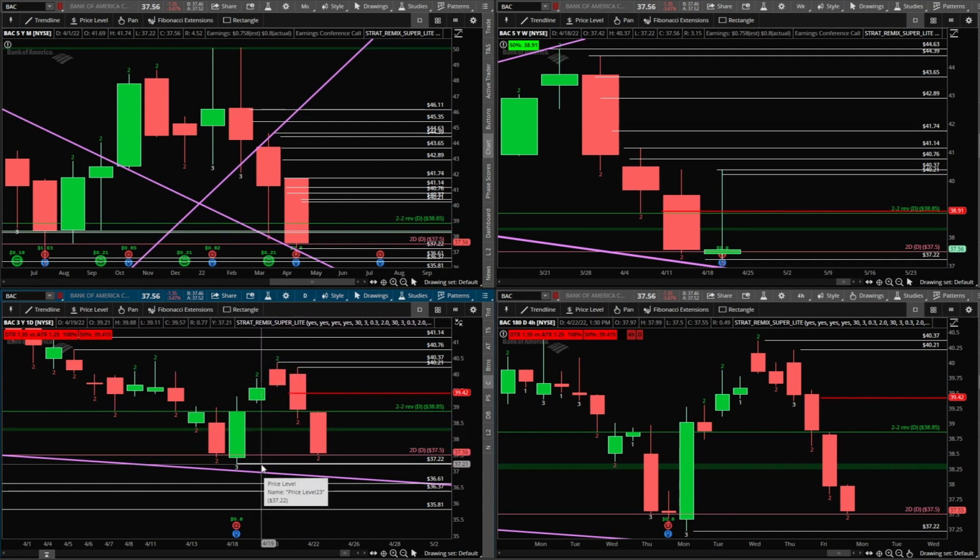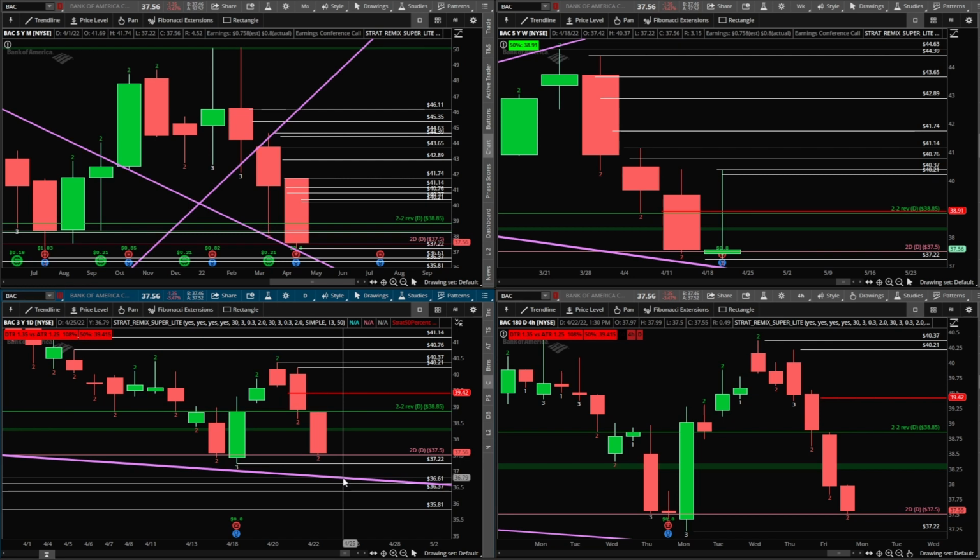We're looking at the first price target really shallow, 37.22, coming to the bottom of this broadening formation. So banks are interesting to me, right? Things are kind of going bad in the economy. The stock market's basically reversing all of its nice gains that it's had over the last 2 years or so since COVID started. And I always wonder what banks are going to do because interest rates are going to be going back up, right?